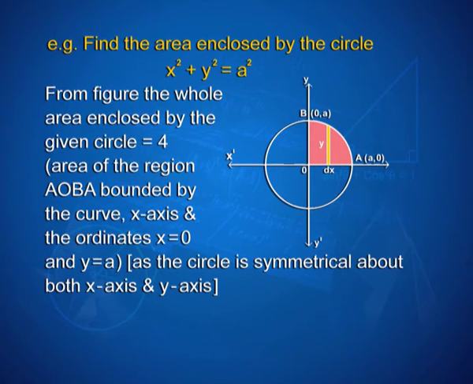As the circle is symmetrical about both the x axis and y axis, we can write it as 4 into integral 0 to a y dx is equal to 4 into integral 0 to a square root of a square minus x square dx.